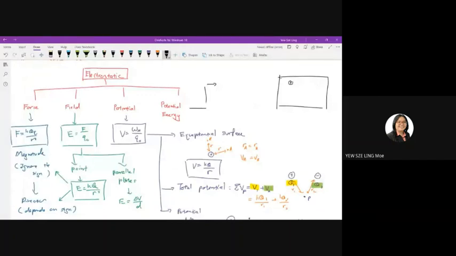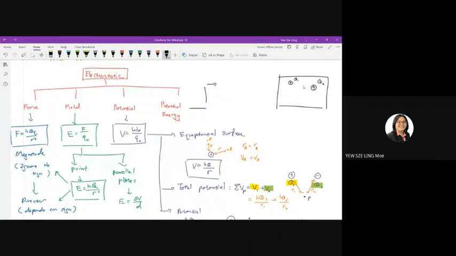Now, if you want to add the second charge into the system, so this is your Q1, then you need to do some work to overcome either the repulsive force or the attractive force coming from the first charge, if you want to place it right here. So you might need some energy.